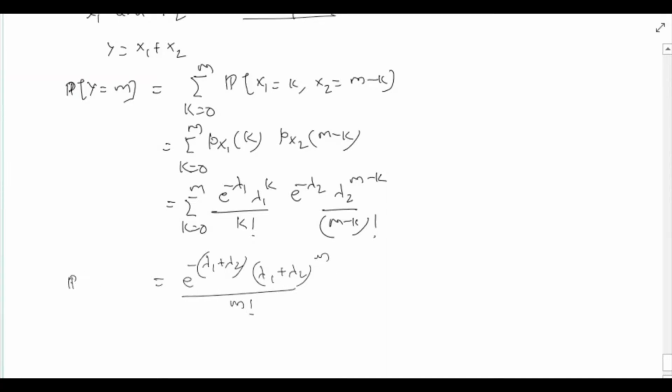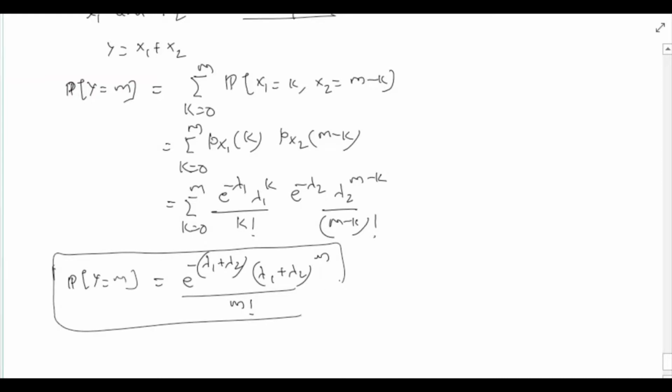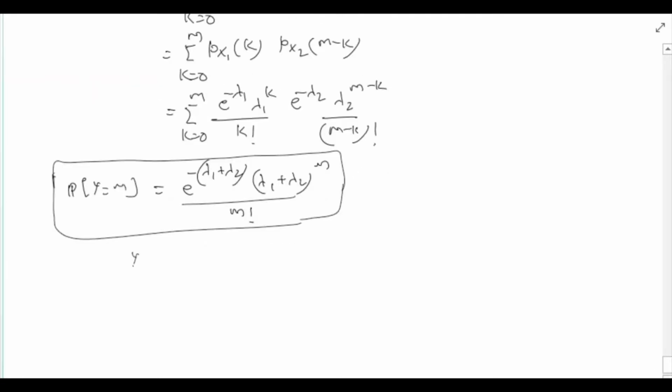Again, looking at the probability mass function of y, we can infer that y is also a Poisson random variable. y is Poisson with parameter lambda 1 plus lambda 2. So we see that sum of two independent Poisson random variables is also a Poisson random variable, with the parameter of this new variable being the sum of the parameters of the original variables. Now let us see the notion of covariance.